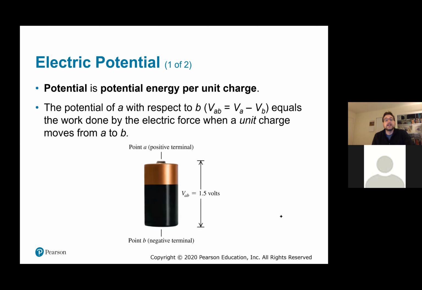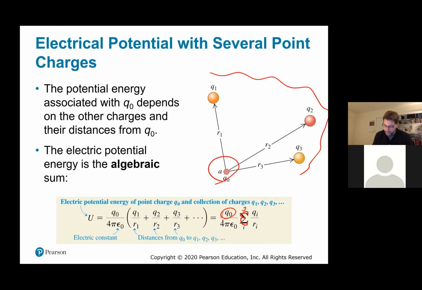Let's define electric potential. Potential energy per unit charge. Because talking about potential energy requires both charges: the charge that sets up the field and the other charge that experiences it. Just like the electric field. Talking about the Coulomb force requires one charge to set up the field and the other charge to experience it.